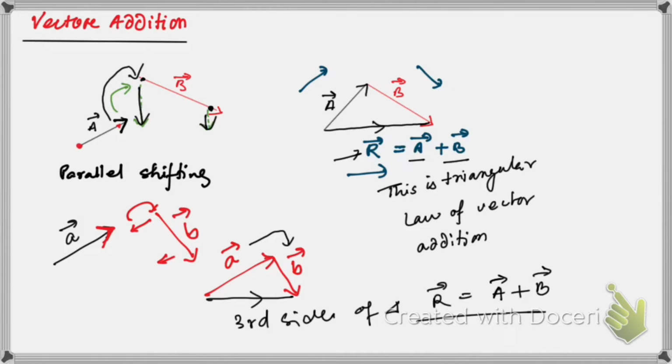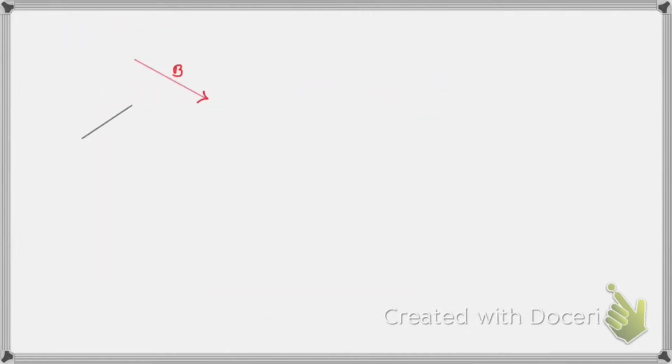Now let us discuss the parallelogram law of vector addition. Again, let us assume we have these two vectors, vector B and vector A, right? To apply the parallelogram law, let us shift these vectors and join their initial points.